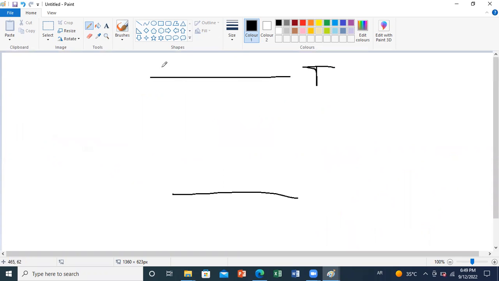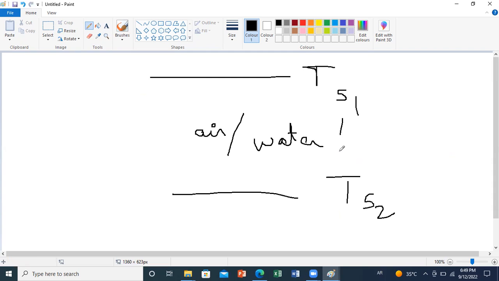So you need two surfaces, surface 1, surface 2. Of course, you can have a medium between them, but if you don't have one, it's not a problem. So if you have air between the two surfaces, or you have water, or you have vacuum, in all cases, you can have radiation. Why?